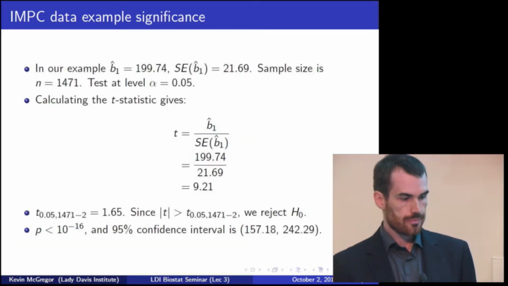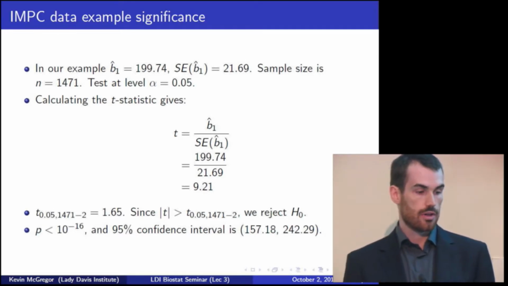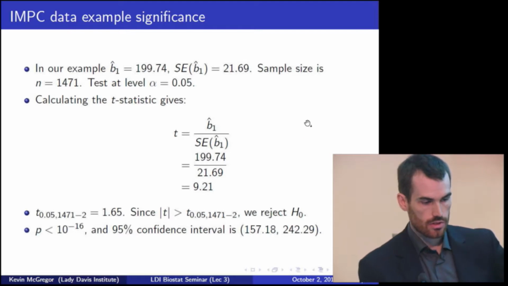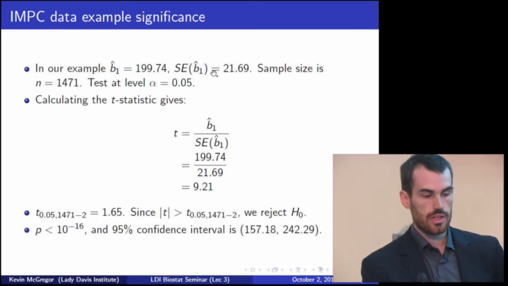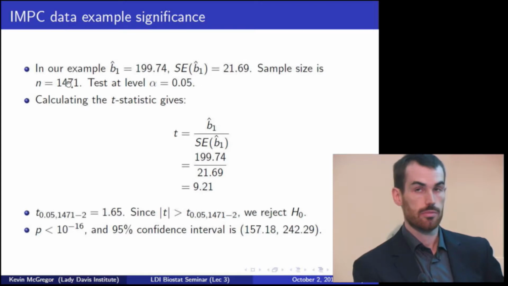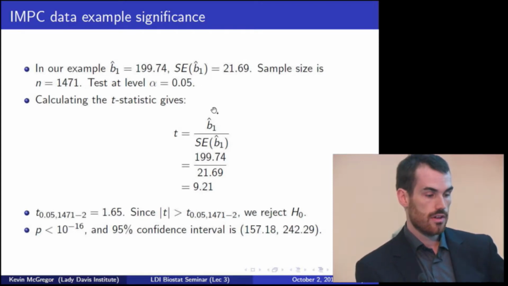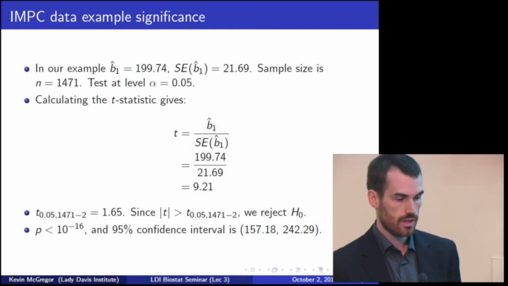Okay, so if we look at the actual hypothesis test from our data example, we had our B1 hat is 199.74. We get a standard error for B1 hat as 21.69. We have a fairly large sample size of 1,471, and let's test this at significance level alpha equals 0.05.